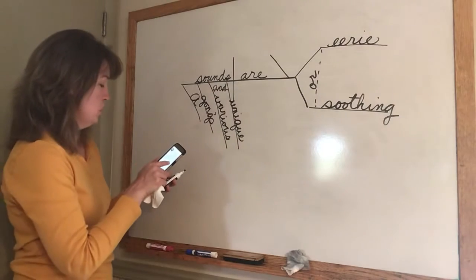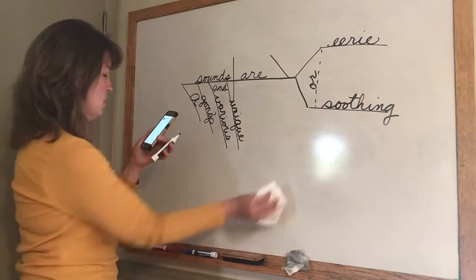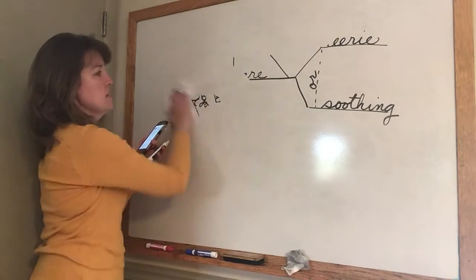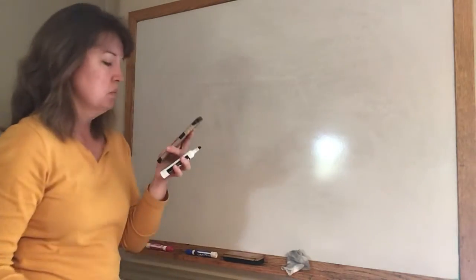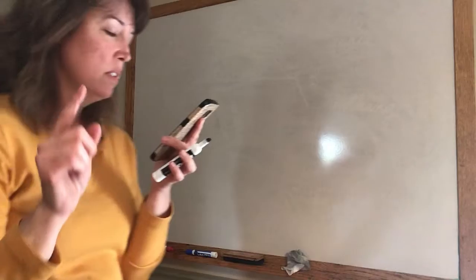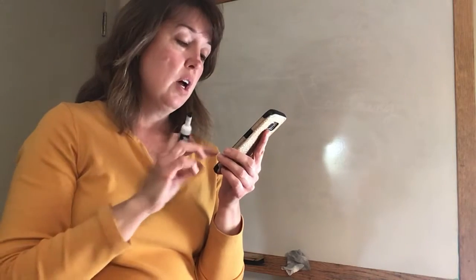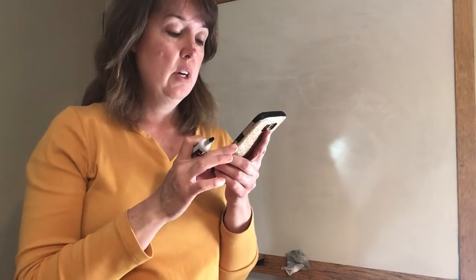Okay, number 2. Size and material determine the mallet's sound. So what's your subject? We have two subjects, size and material. And then you have a conjunction and connecting those. Then your verb is determine. Determine, that's an action verb.